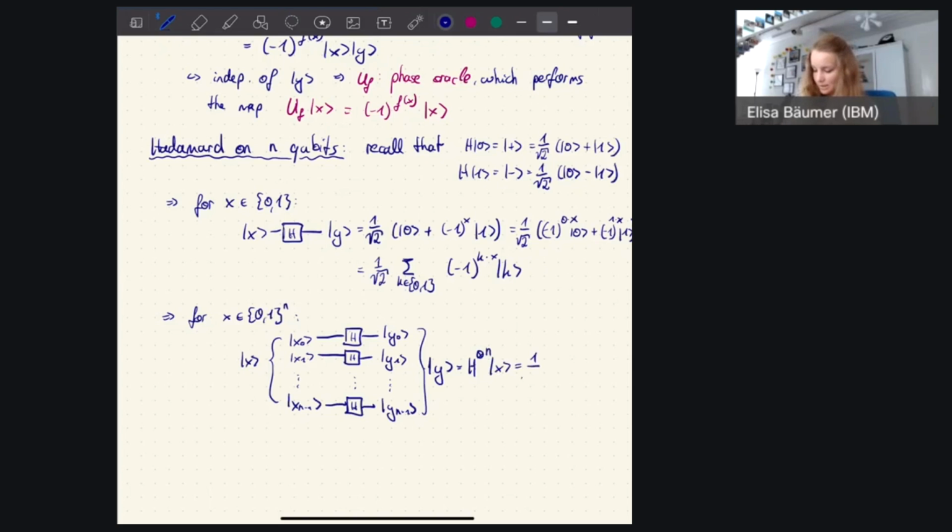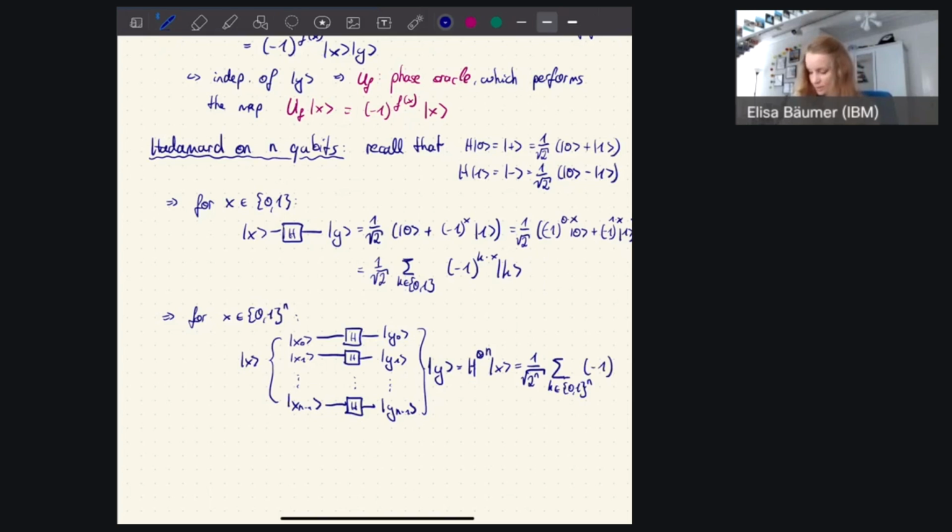And it's actually just generalized from the one that I did for 1 qubit. So it's 1 over square root of 2 to the power n, due to normalization. And now we're summing not only over k in 0 and 1, but over all n-bit strings, all 2 to the n different bit strings. So k in {0,1}^n means we have all the different 2 to the n bit strings: 0 0 0, 0 0 1, and so on.